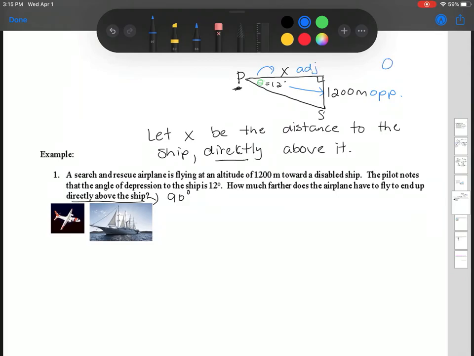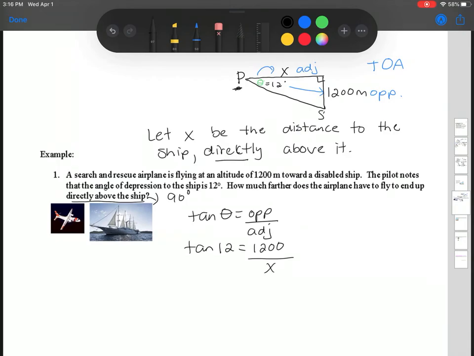So now we have opposite and we have adjacent, which is tan. So I'm going to use the X there.